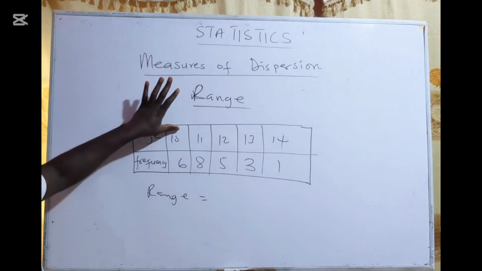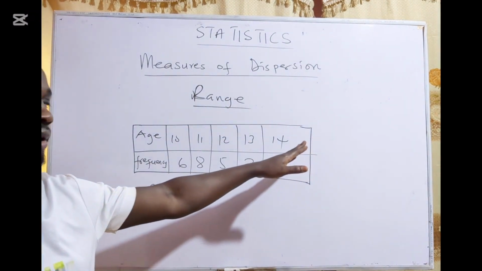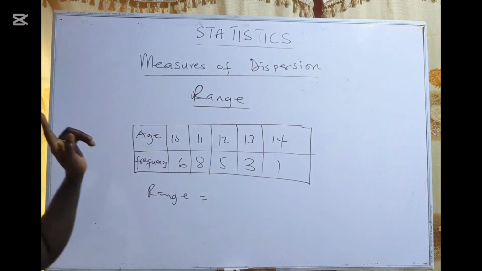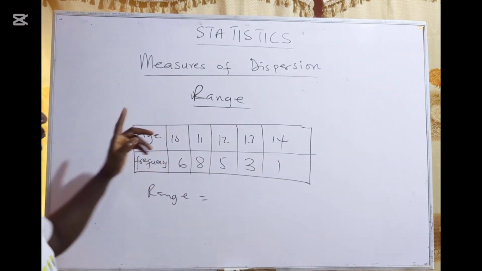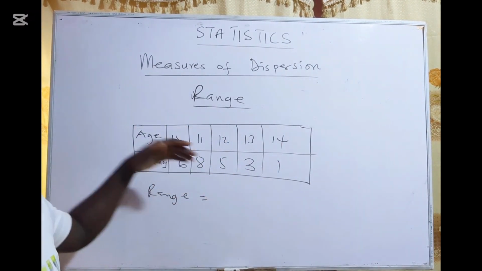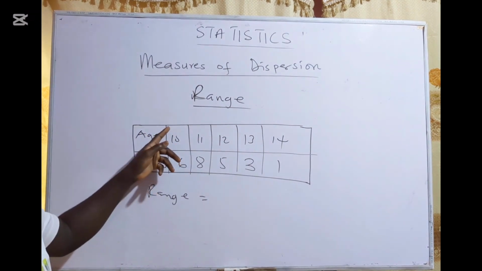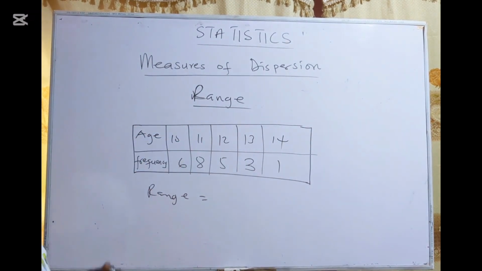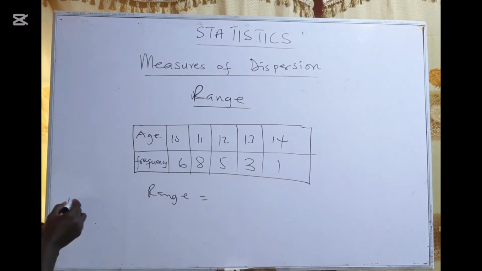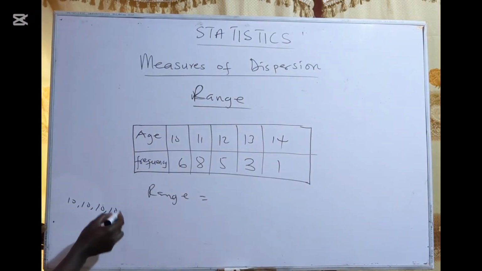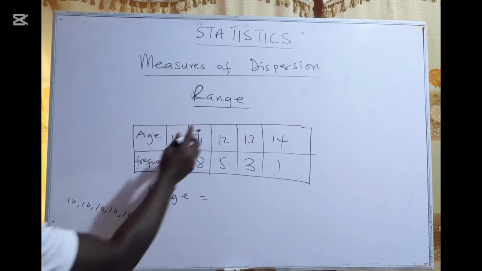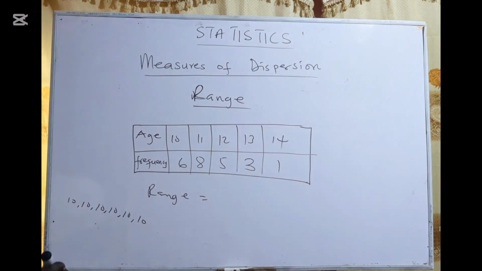The age is from 10 to 14. The values here are the age, not the frequency. The frequency tells us how many times 10 appears: 6 times, so it's like 10, 10, 10, 10, 10, 10. Then we come to 11, which appears 8 times.